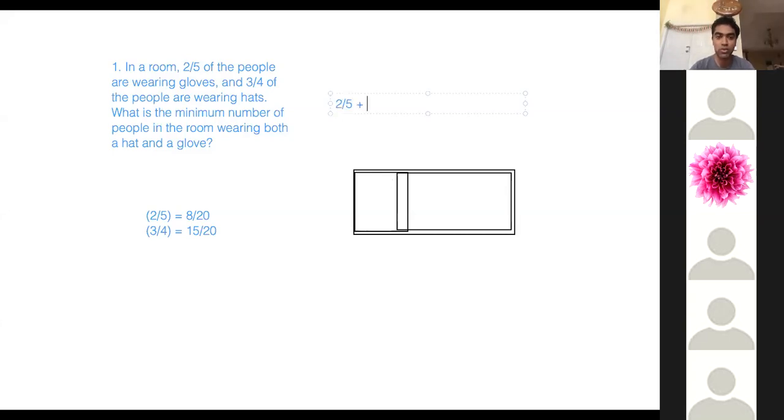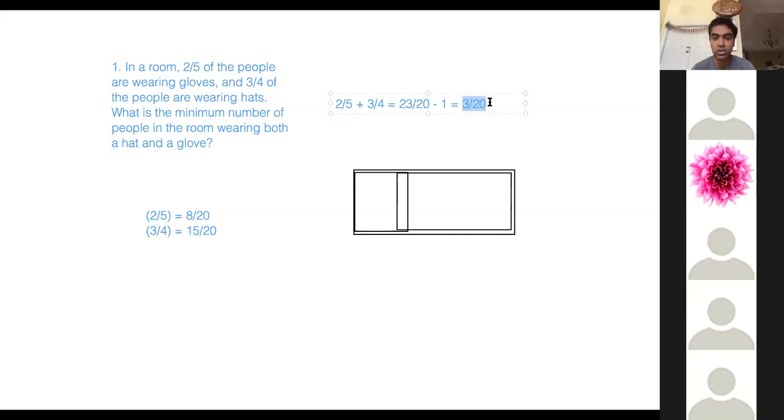Let's think about 2/5 plus 3/4. What is the sum? 23 over 20. Good, 23 over 20. So essentially, because this exceeds 1 by 3 over 20, 3 over 20 of the class is overlapped. At least that much portion is doing both, wearing gloves and wearing hats, right?